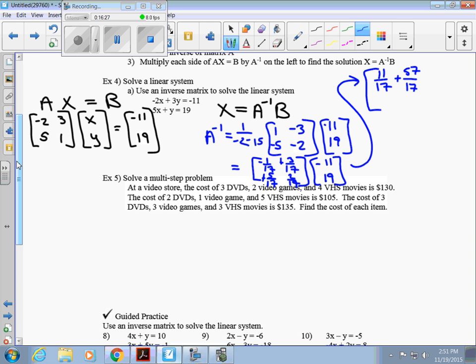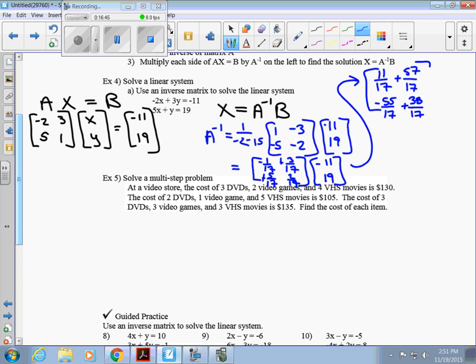And then we're going to do row 2 and column 1. So that's going to be -55 17ths. And then 19 times 2 is 38, so that's going to be plus 38 17ths.